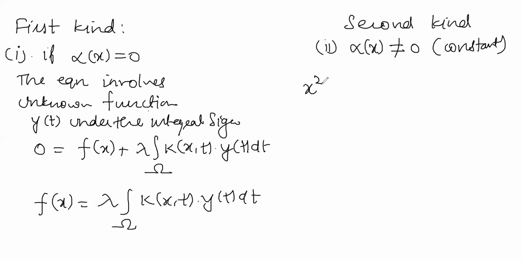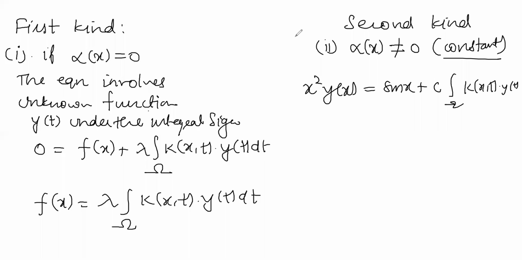Let us say I have x square times y of x equal to some sine x plus some c times this integral of k(x, t) y of t dt. See, even though alpha of x is non-zero here, it is not constant. This is a variable. So here, especially I'm saying constant. That means this is not x square, but some constant, 2, 3, anything.